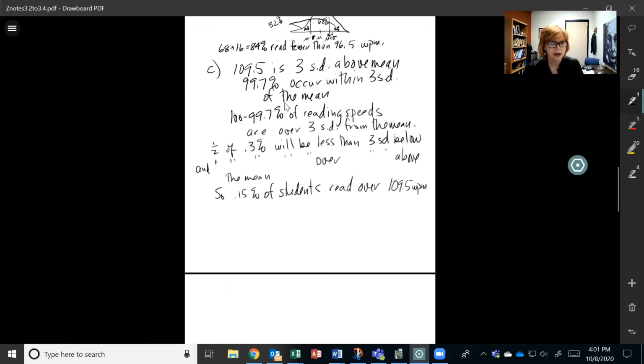Okay, and if I sketch this guy, what's going on here? All right, same kind of thing. I've got my 90 in the middle, and I add 3 standard deviations and subtract 3 standard deviations. This guy's 109.5. Well, in here, I've got 99.7%.